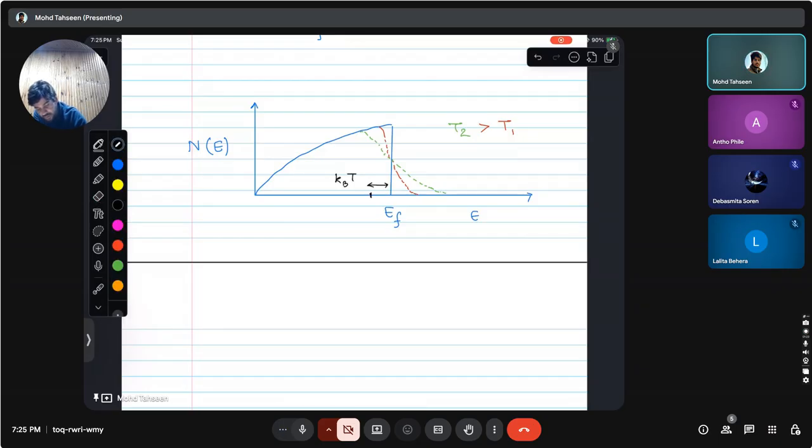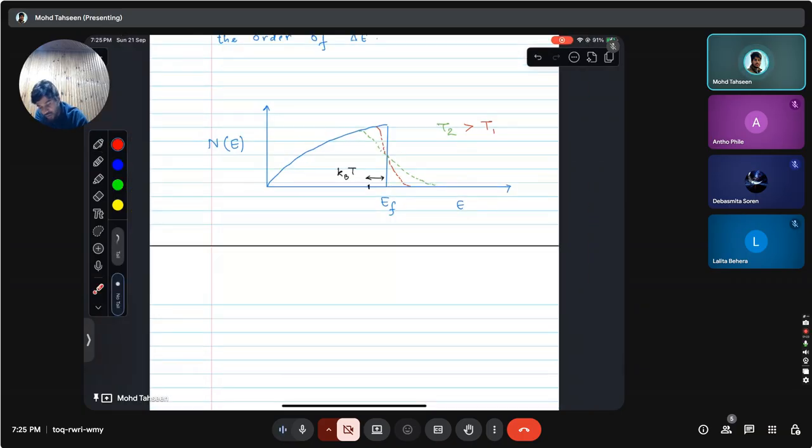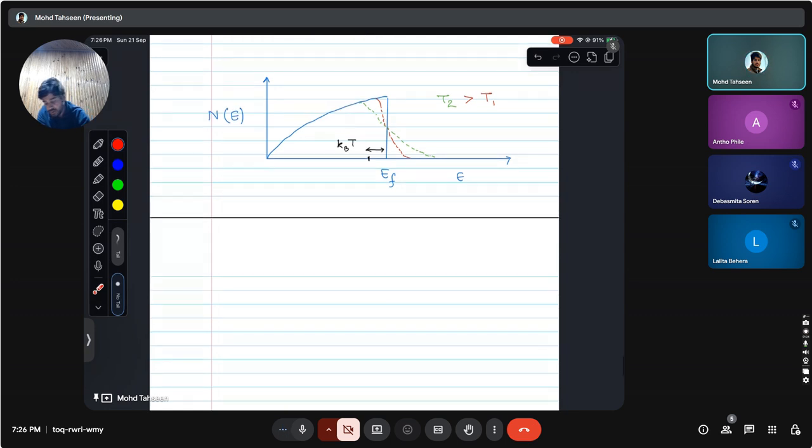So if our energy is of the order of kBT, then around this region around the Fermi energy, only these electrons can participate in the excitation process. Other electrons will not feel the effect of temperature.